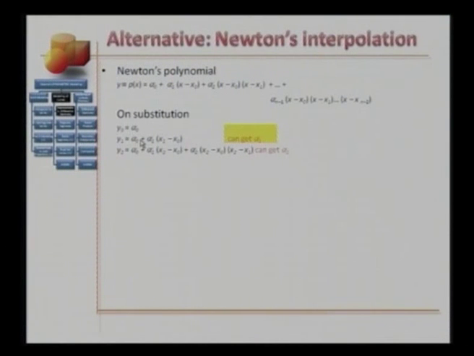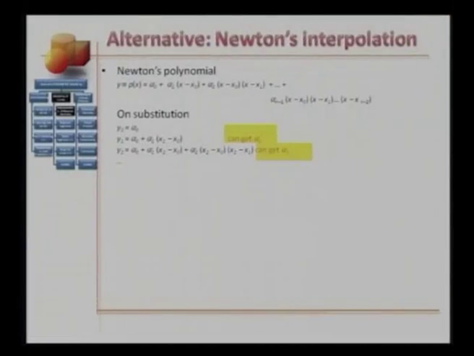We know alpha 0 and alpha 1 from the previous two equations. Using this equation, we can compute alpha 2. Notice again that these unknowns, alpha 0, alpha 1, alpha 2, are getting computed sequentially and not simultaneously, as in the previous curve interpolation technique.